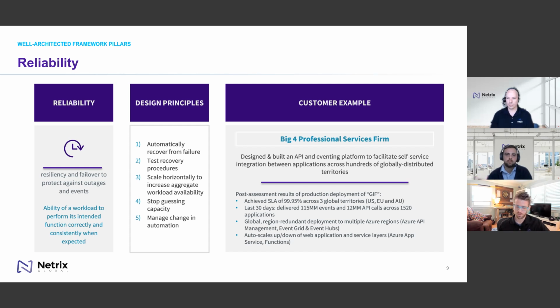So for example, from an API management perspective, I may want to use something like Traffic Manager to route API requests to the closest possible instance of this API gateway. And then behind that has to also be a regionally deployed instance of the API that I'm accessing. But the point being, we have to have conversations about the requirements for the application and what that means for redundancy and scalability across regions.